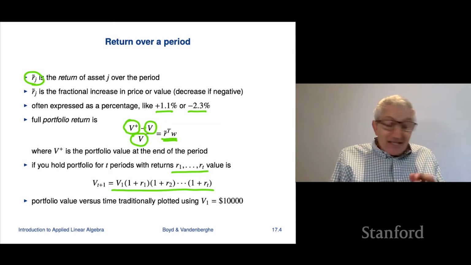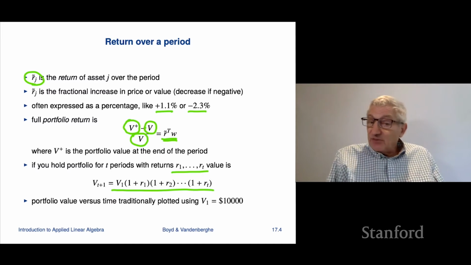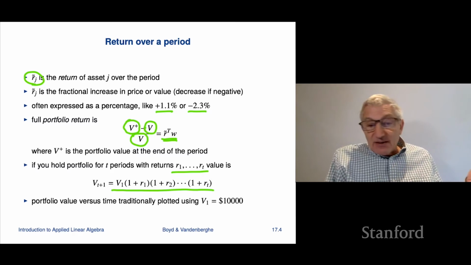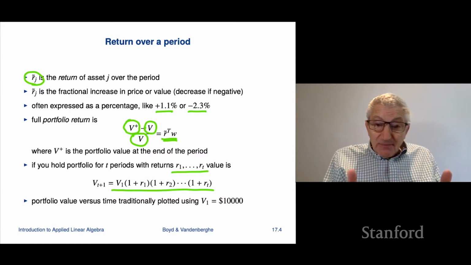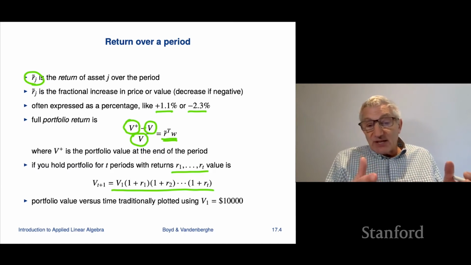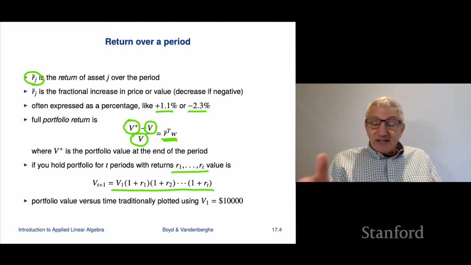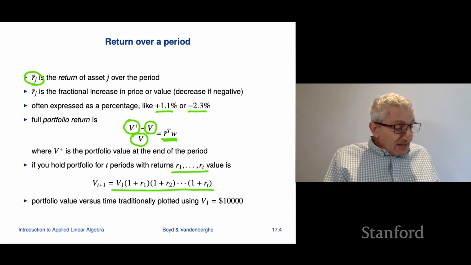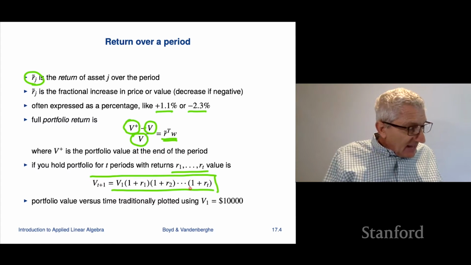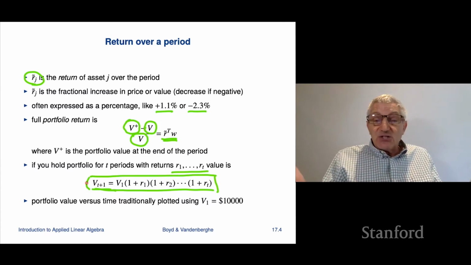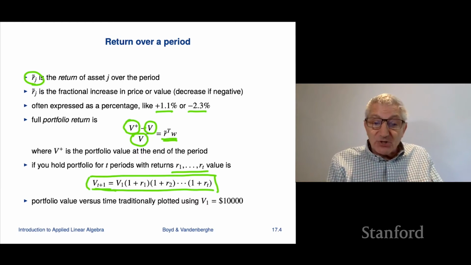So that's the actual value of the portfolio, right? And this is if I tell you, look, I put in $1 million and then it goes up 5% and then down 7, then up 3, then up 6, then down 2, that kind of thing, then the value at the end is going to look like that. Because each time you're just multiplying by 1 plus the return.